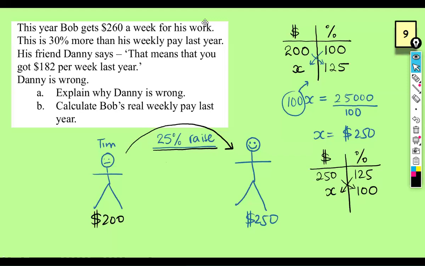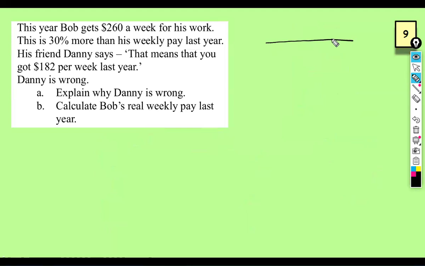Question now. Right, so let's go here. Money and percentage. Well, I don't even know what percentage here. Right. This year, Bob gets $260 a week from his work. This is 30% more than what he was getting previously.